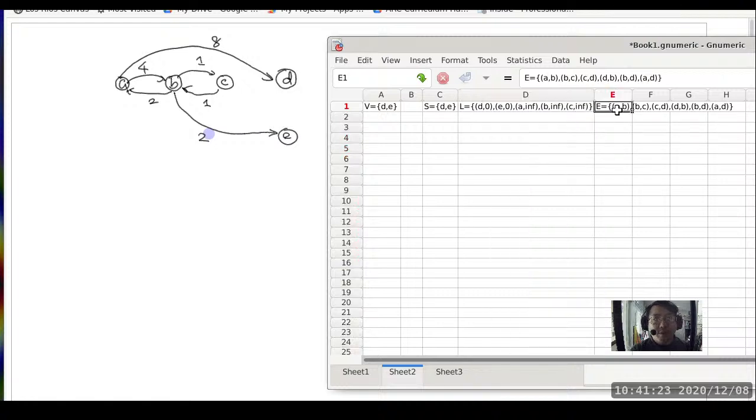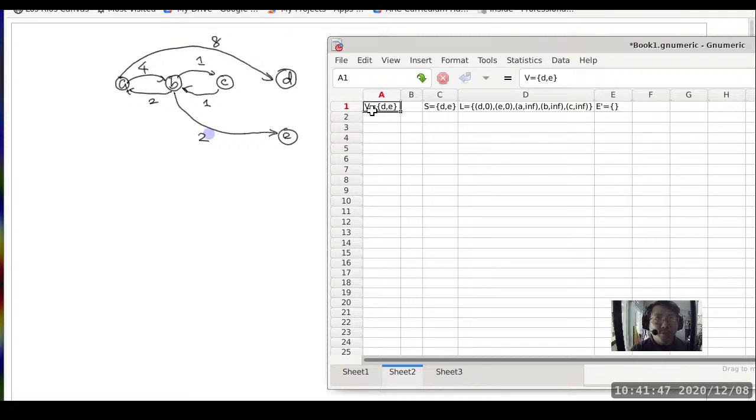The set E prime is initialized to an empty set. So this is basically our solution graph. So E prime is initialized to an empty set. This is our starting point.